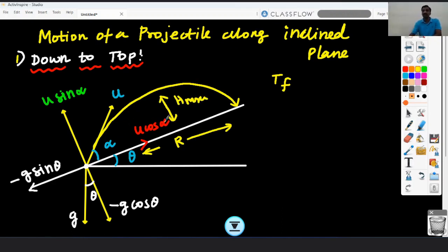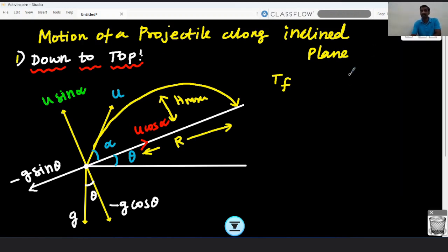For all these, we are going to use the basic equations of motion which we have already discussed in this chapter. The first is the velocity equation, v equal to u plus at. After that, the position-time equation, s equal to ut plus half at square.